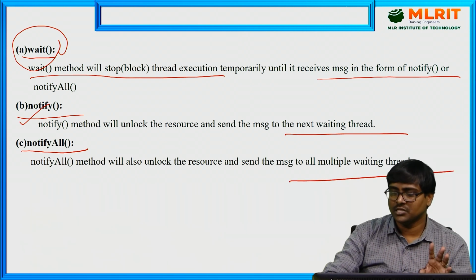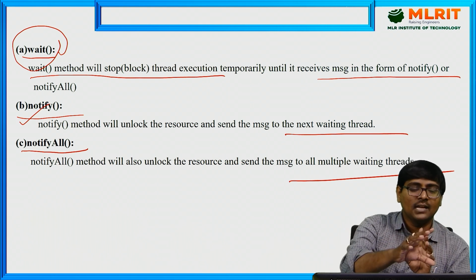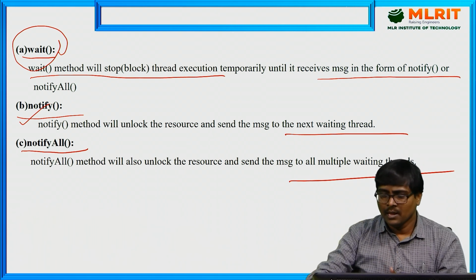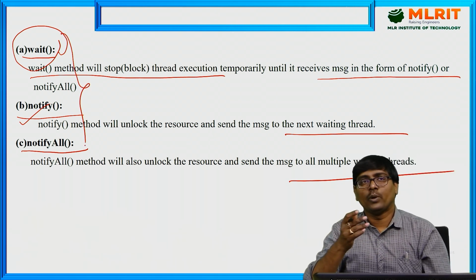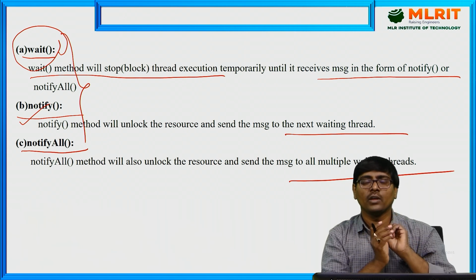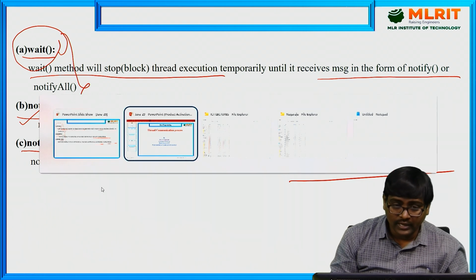These are the three methods used for communication. Mainly we use the first two. Now I will show one example where the wait method is used and where the notify method is used, and how the threads communicate.